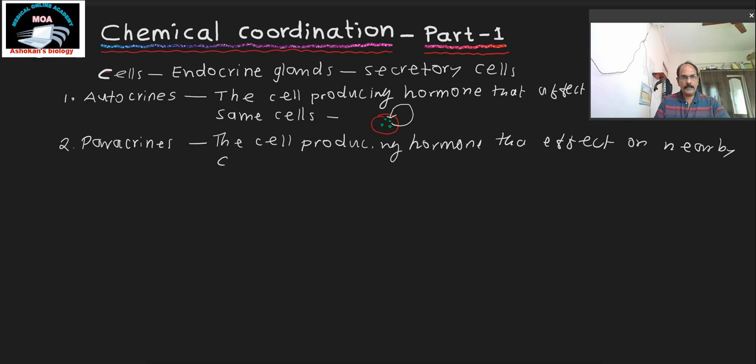Nearby cell म्हणजे शेजारी असलेले ते सेल मध्ये ते काम करणार आहे. Then it is known as a paracrine gland. For example, this is the paracrine gland. Okay, so that produced a hormone. This is the hormone, and this hormone is affecting another cell that is present near to that. This is the other cell. So this hormone is affecting another cell that is present very near to that. Then it is known as a paracrine cell, and the gland containing the paracrine cell is known as the paracrine gland. So now the third one, that is the endocrine.